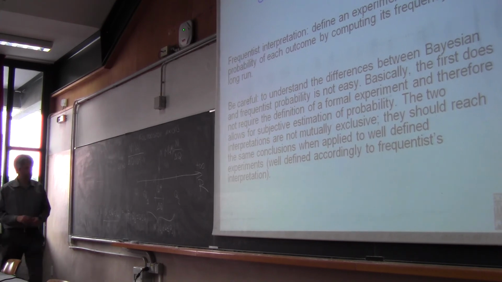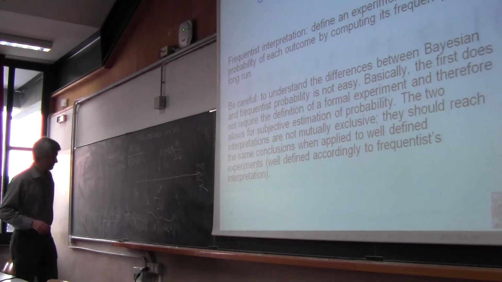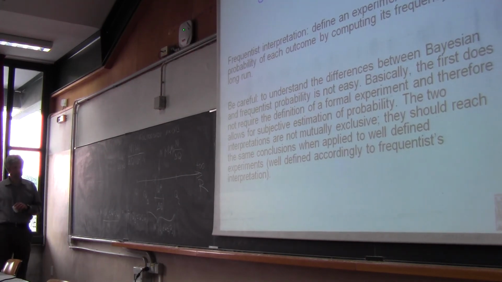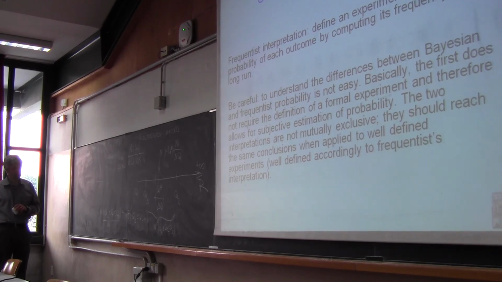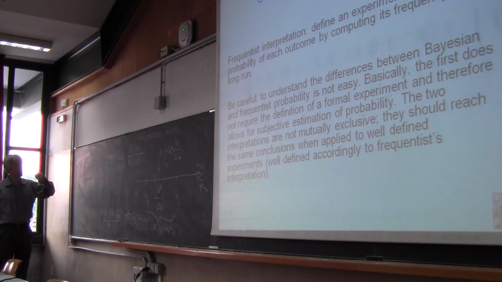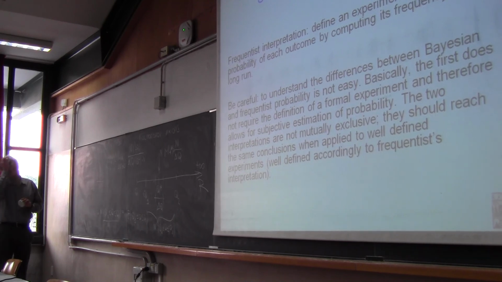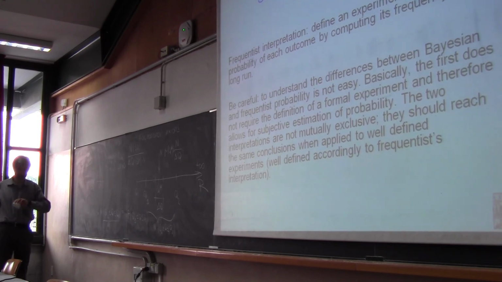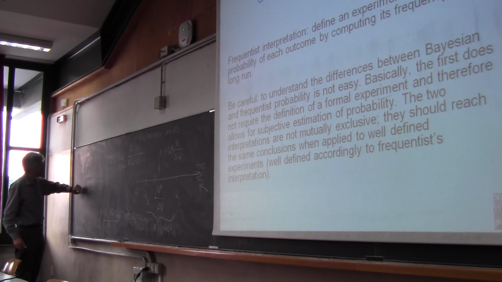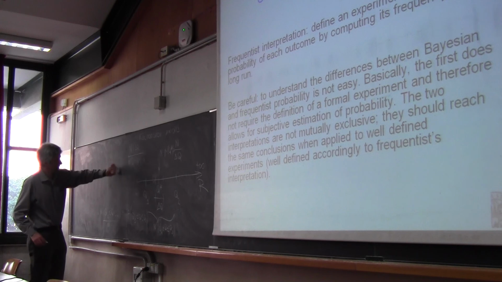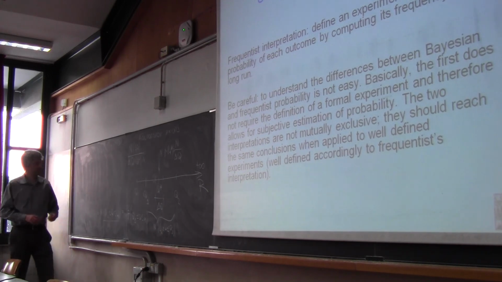So let me summarize. One important quantity when we speak of probability of river flows is the probability of not exceedance.